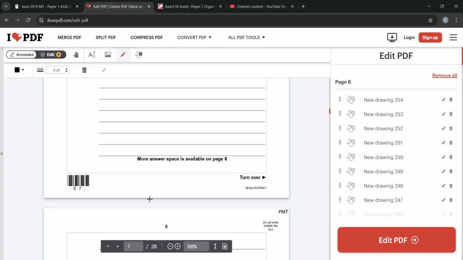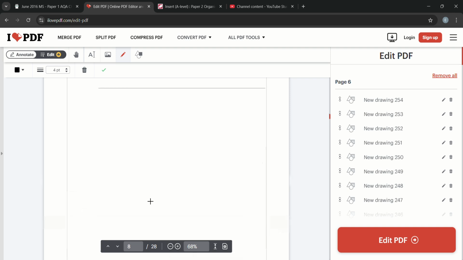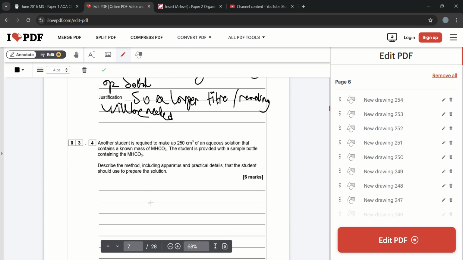And then 3.4 to mark the end of question 3. Another student is required to make up 250 centimeters cubed of aqueous solution that contains a known mass of MHCO3. The student is provided with a sample bottle containing the MHCO3. Describe the method, including operating practical details, that students should use to prepare the standard solution. Now this could come up in an A-level paper.